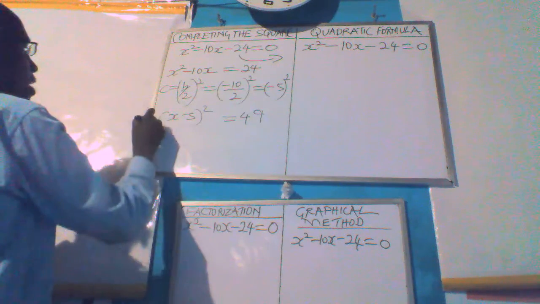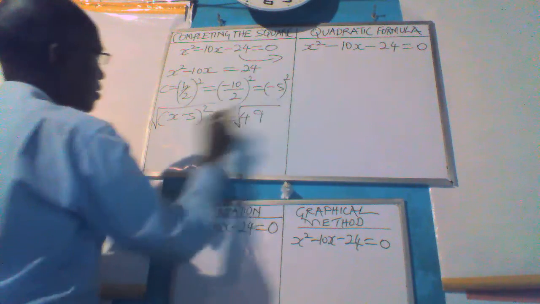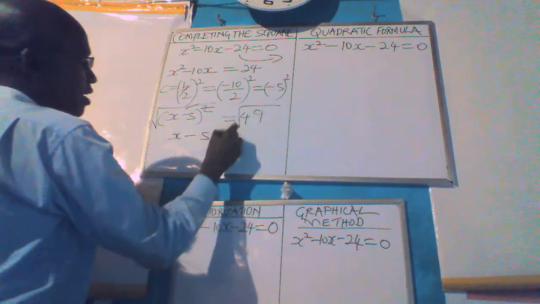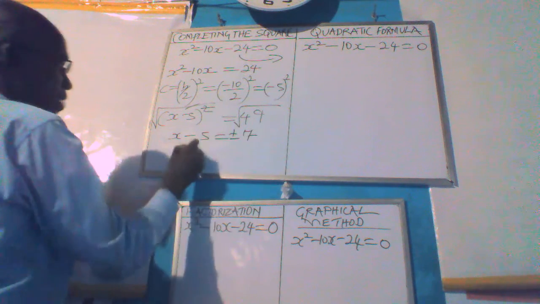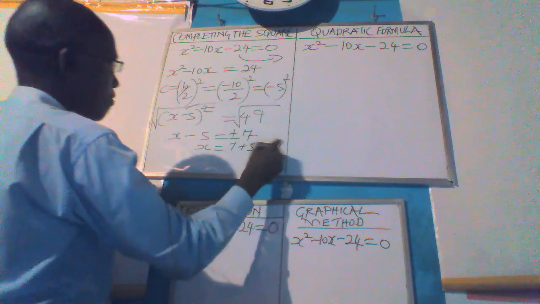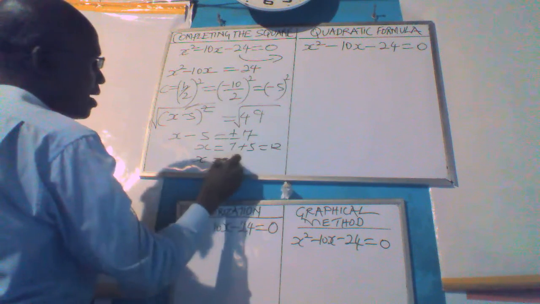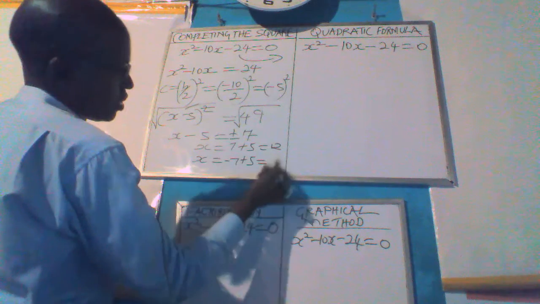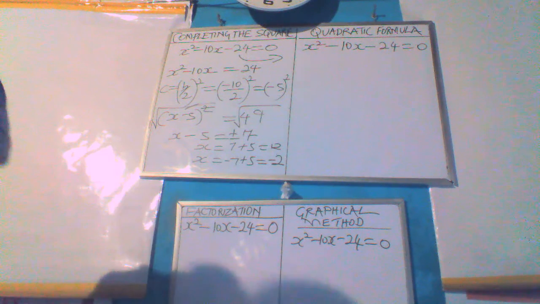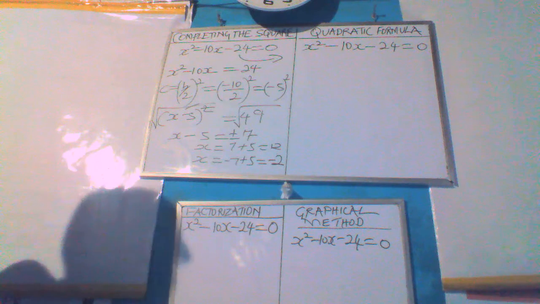And then that's where we are putting the square root signs to simplify and make x the subject, giving us plus or minus 7, and therefore x is 7 plus 5, which is 12, and x is minus 7 plus 5, which is minus 2. So we have found the answer there that x is either 12 or minus 2.